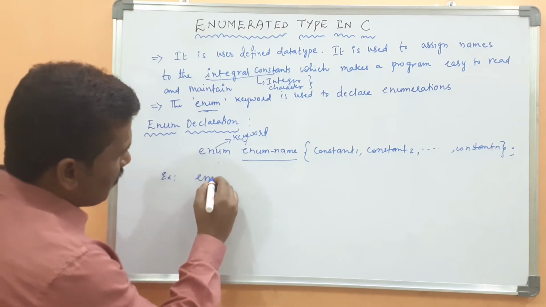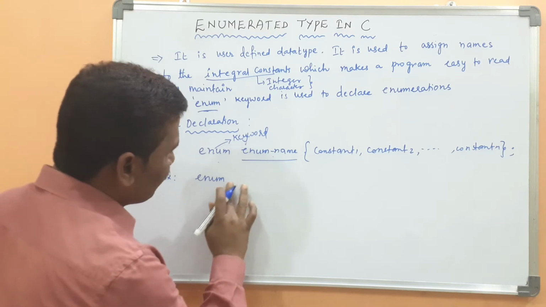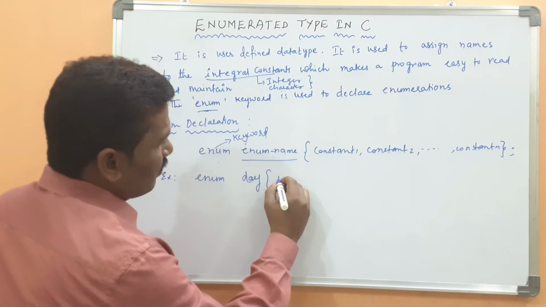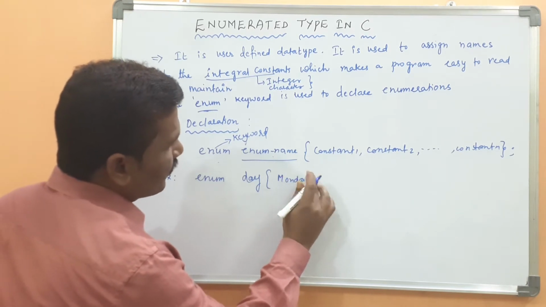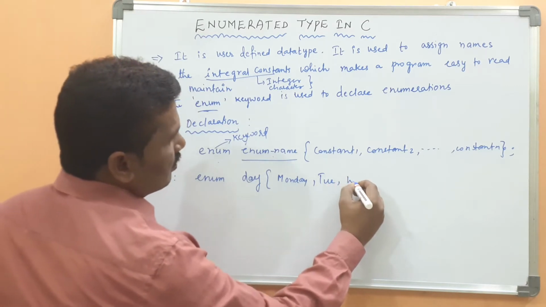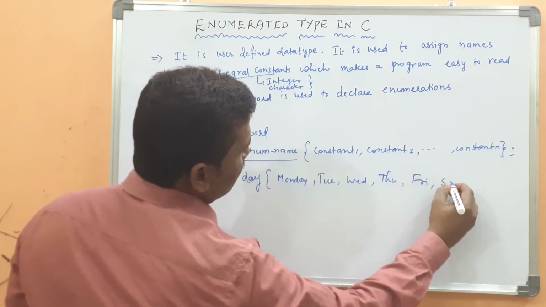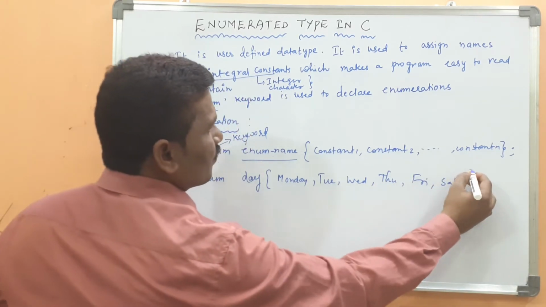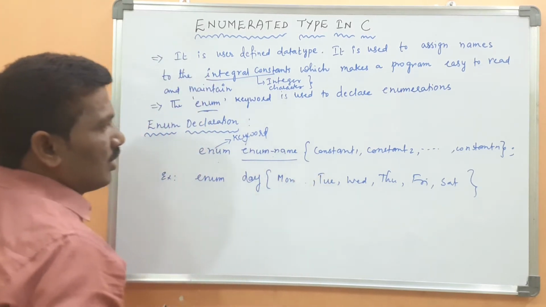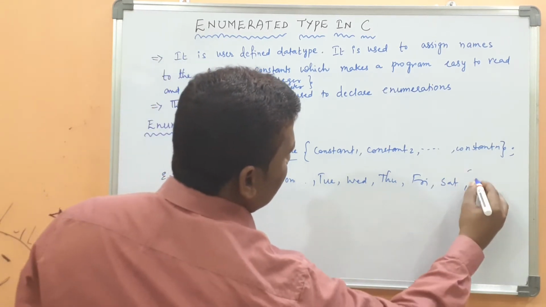As per that syntax, I will write the example. enum, then the enum name, suppose day, then Monday, Tuesday, Wednesday, Thursday, Friday, Saturday, Sunday.